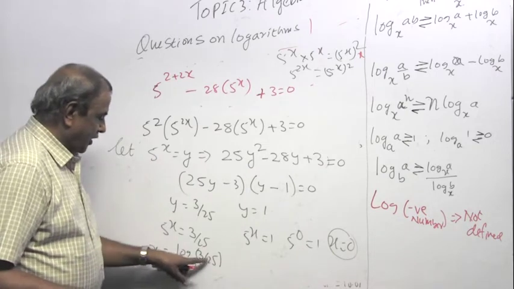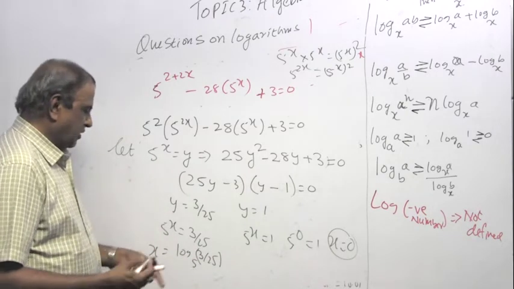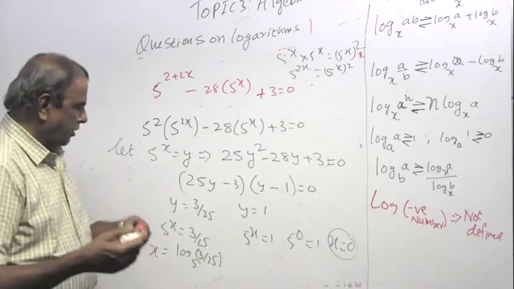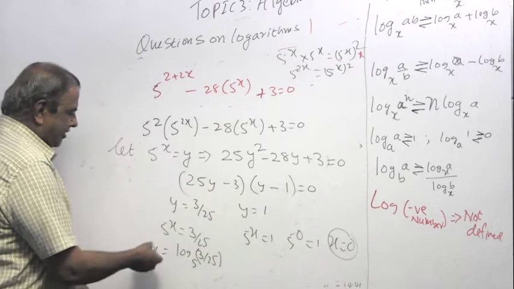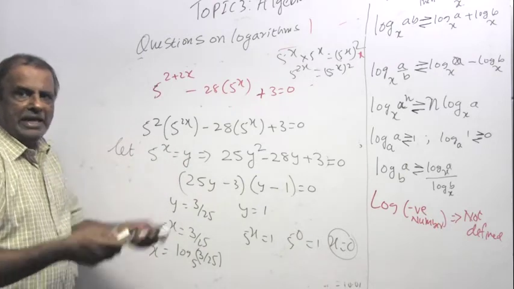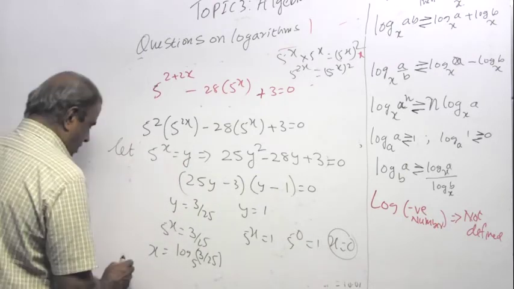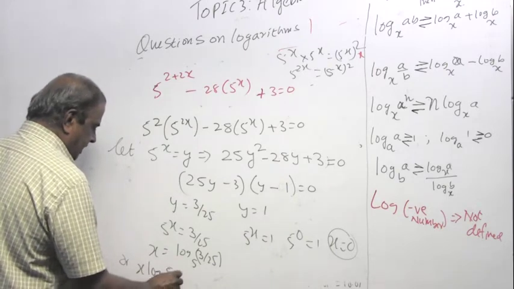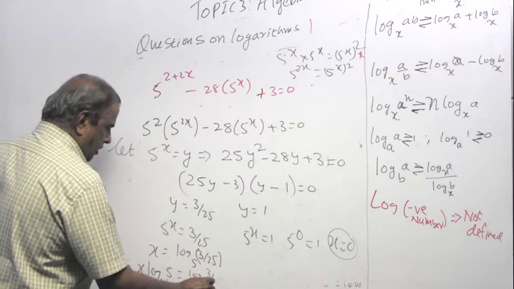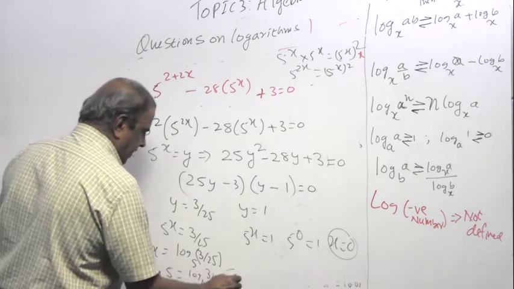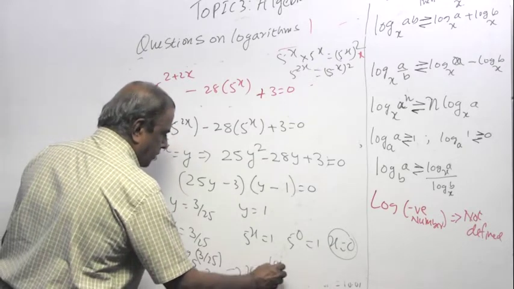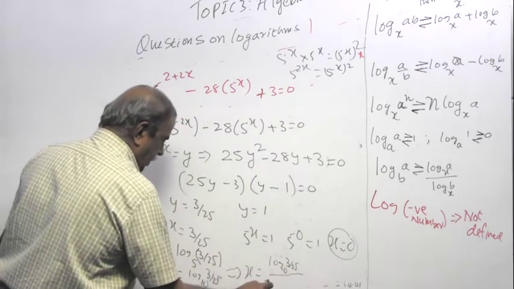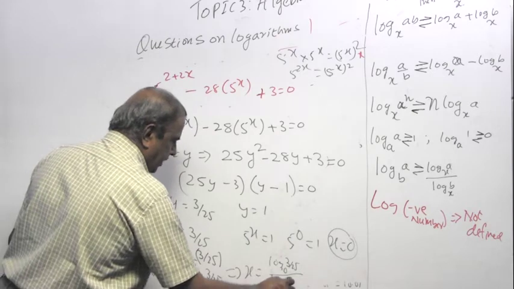So log of 3 over 25 to base 5, you can leave it there as log of 3 over 25 to base 10 divided by log 5 to base 10, or you can take x log 5 and then do it. Either way, or you can say x log 5 to base 10 equal to log of 3 over 25 to base 10, giving you x equal to log of 3 over 25 to base 10 over log 5 to base 10.